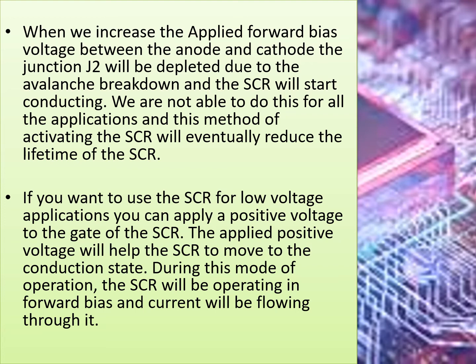If you want to use the SCR for low voltage application, you can apply a positive voltage to the gate of the SCR. The applied positive voltage will help the SCR to move to the conduction state. During this mode of operation, the SCR will be operating in forward bias and current will be flowing through it.